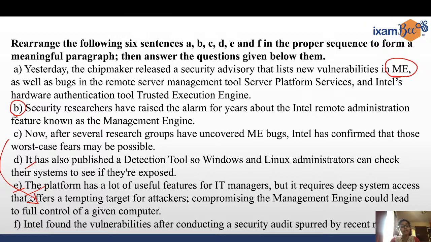They might be possible. So C is giving you more information about the possible reason for getting alarmed.